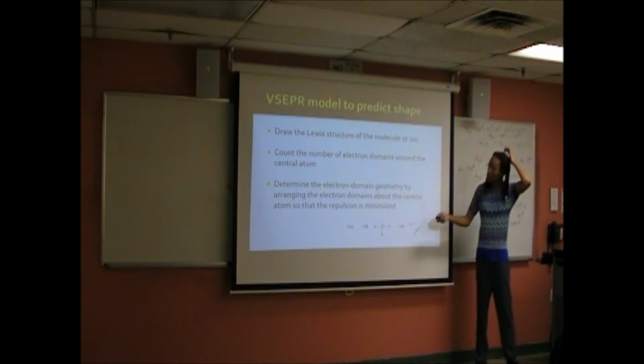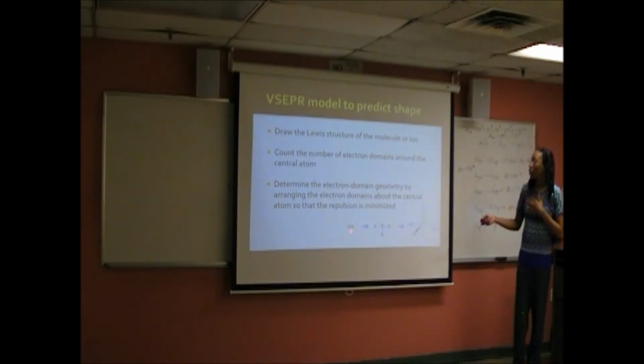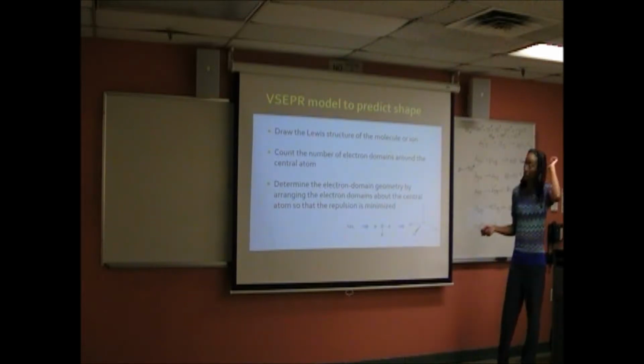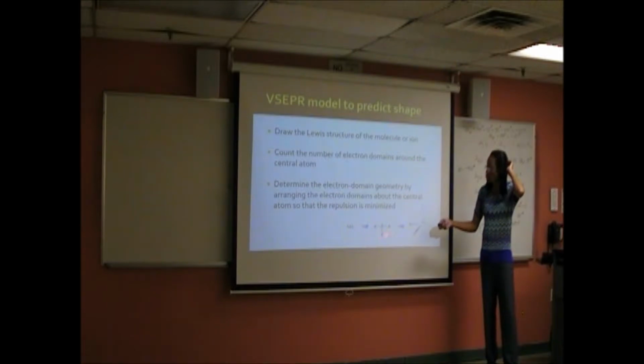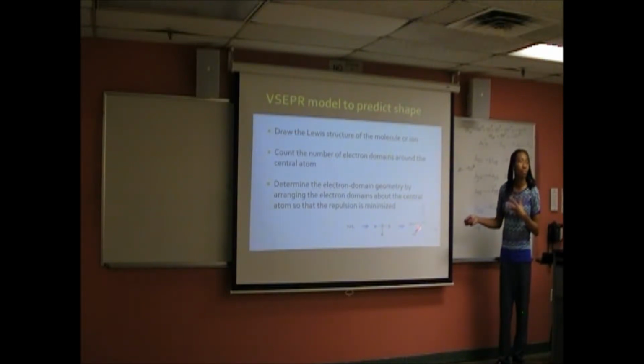So here, what's the name of this? It's NH3, ammonia. Now, you draw the Lewis structure for ammonia. Once you have your Lewis structure drawn, this translates into your overall structure.